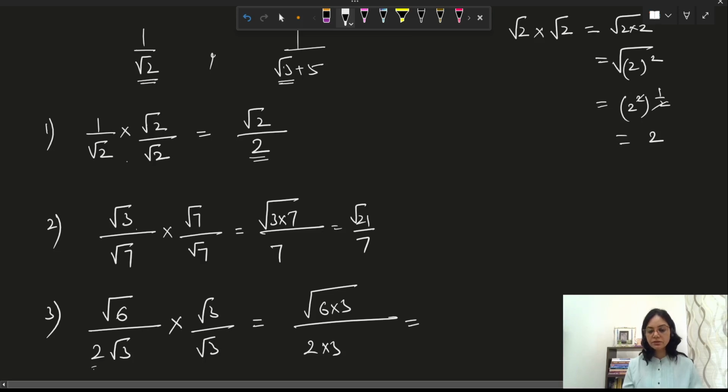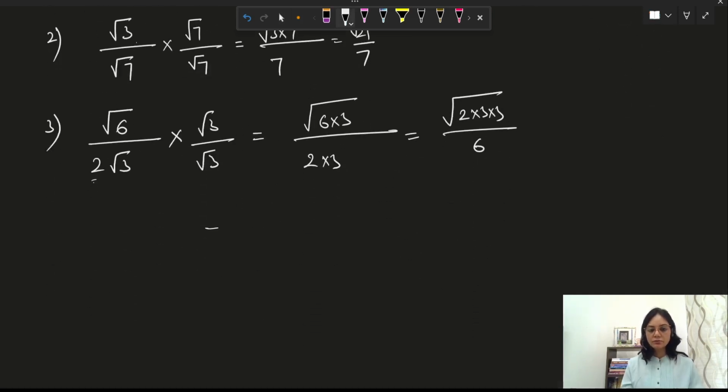Now what is root 6 into 3? 6 is 2 into 3, so root of 2 into 3 into 3. There is a pair of 3, I can take it out, so it's 3 root 2 by 6. I can simplify this, 6 and 3 cancel out, so it's root 2 by 2. That is it.